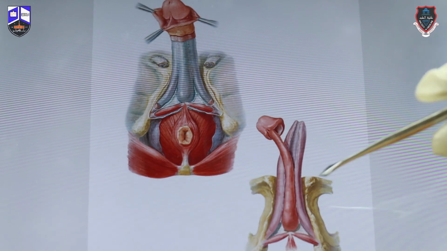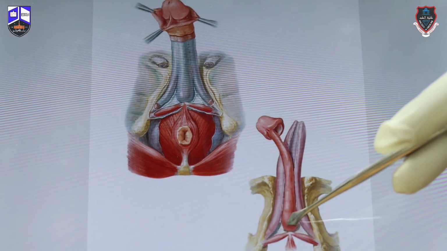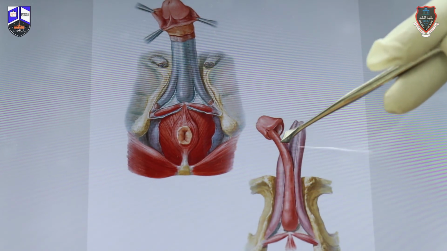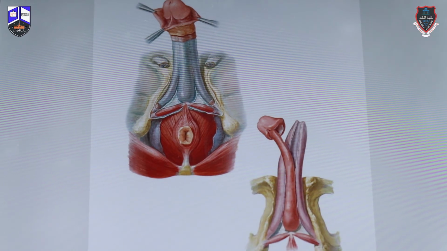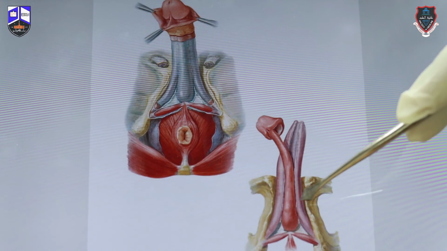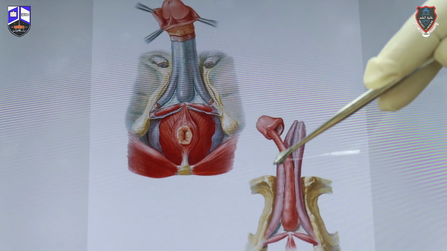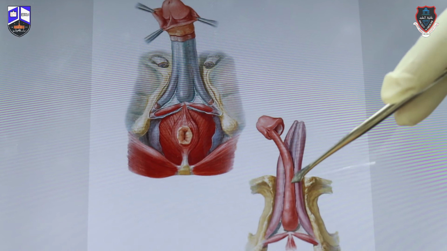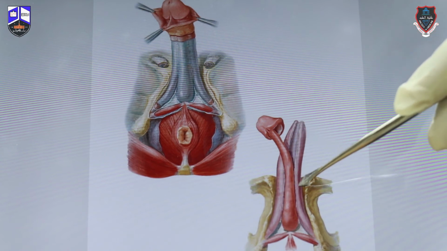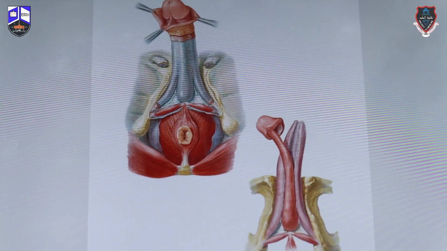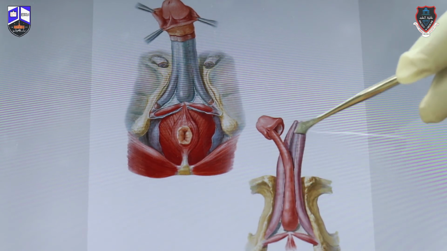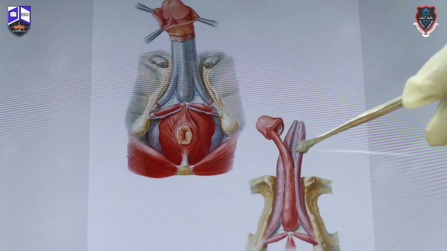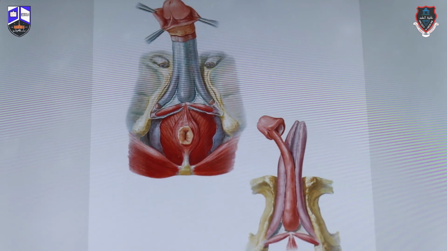The bulb of the penis extends forward to form the corpus spongiosum, and each crus extends forward to form the corpus cavernosum. The two crura blend at the body to form the corpora cavernosa.